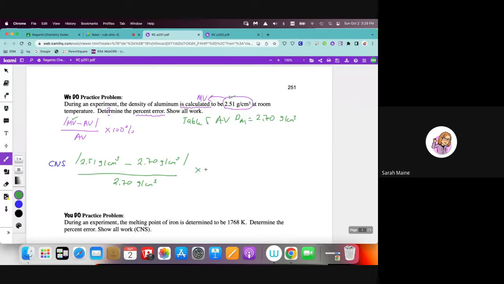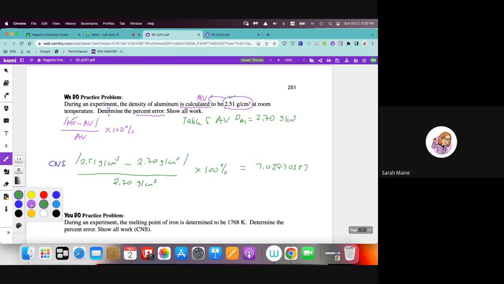And then I need to multiply that quotient by 100% to change it into a percentage. And so when you put this into your calculator, you get something like this, 7.03870387. I think it kind of repeats out like that.